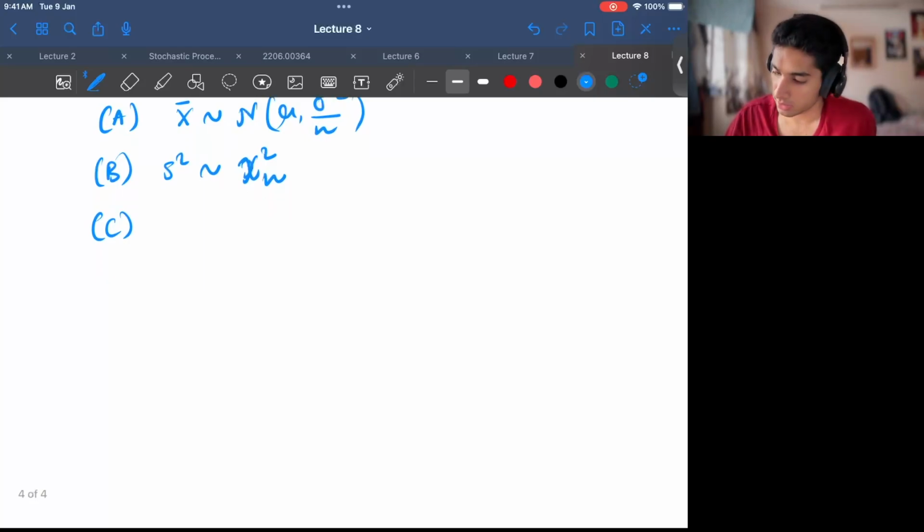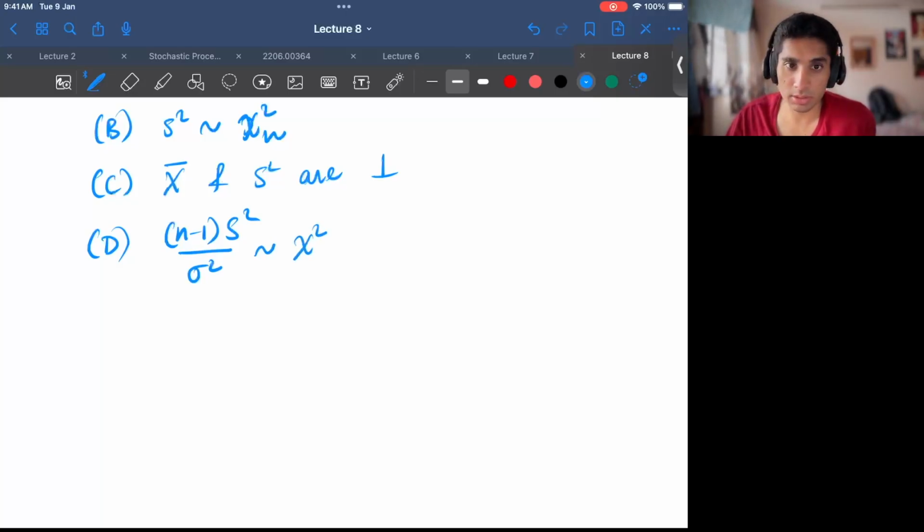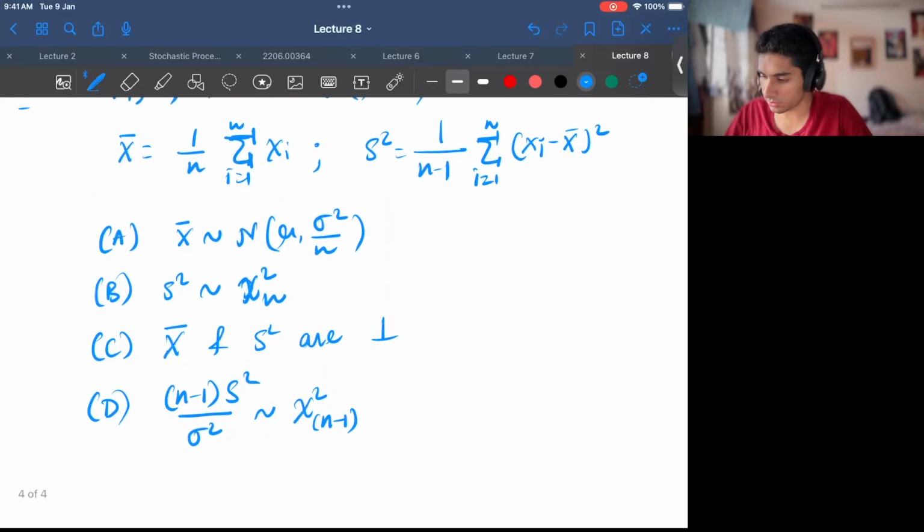C option is that x bar and s square are independent, and D option is that n minus 1 s square over sigma square follows a chi-square distribution with degree of freedom n minus 1. So these are the statements. After this, we will solve the other question that you have sent on chat. Okay. So which one of these is true?